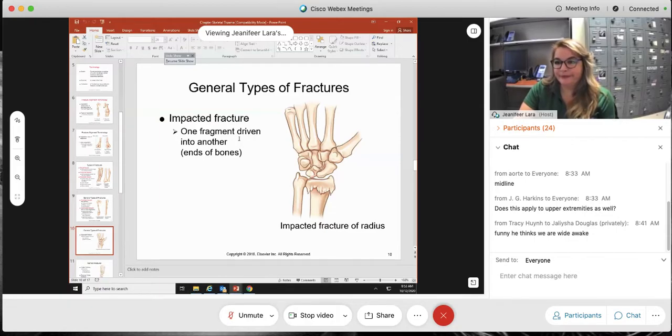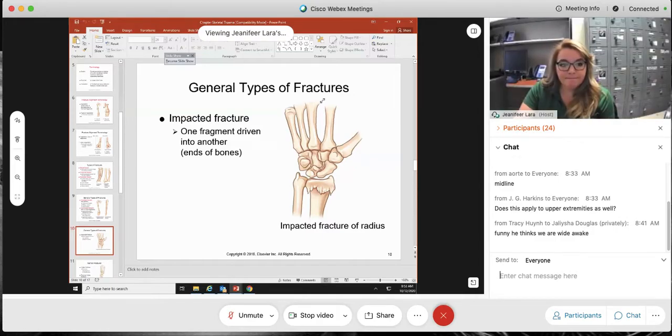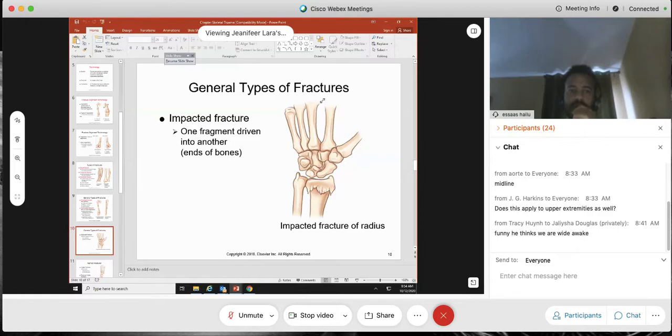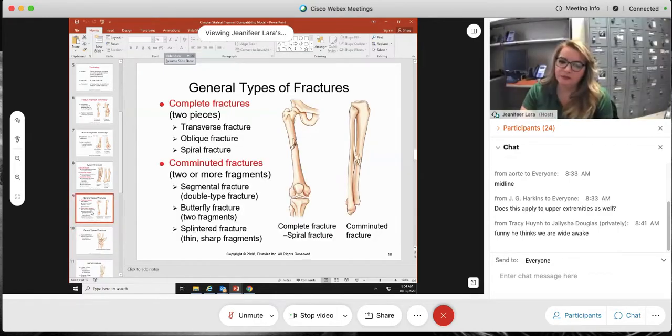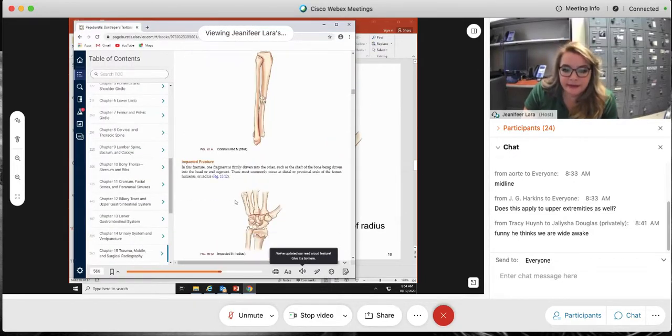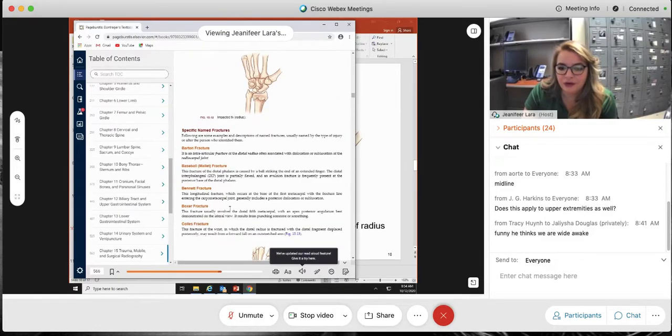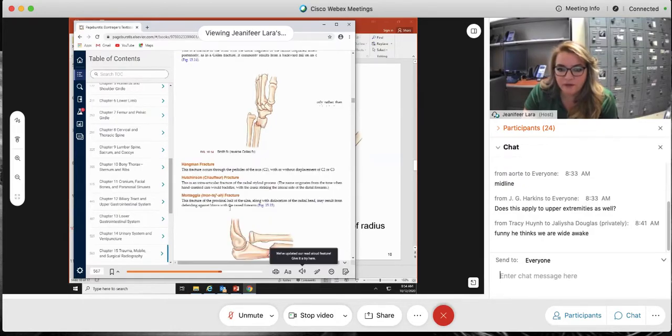Good. This could be like a compacted fracture as well. What kind of fracture? Compacted? No. I think it's going to be specific to impacted. Compacted is not in your definitions that I'm aware of.